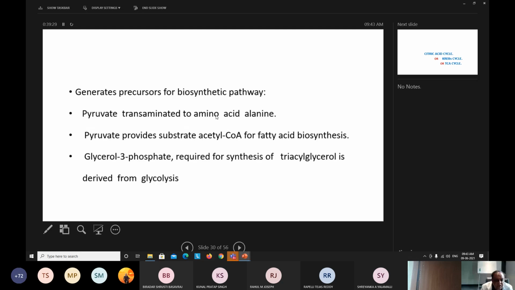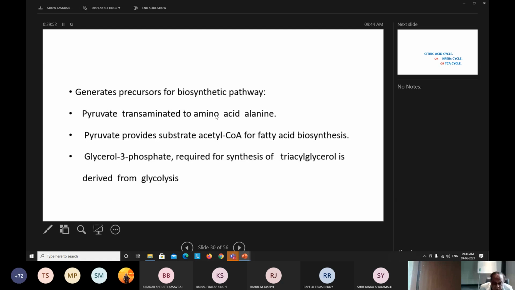The fourth one is that it generates precursors for other biosynthetic pathways. Pyruvate is transferred to the amino acid alanine, acting as a precursor, and also for the synthesis of fatty acids.